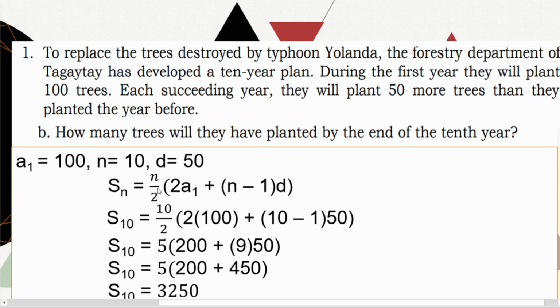So we're going to use the sum of the nth term equals n over 2 times twice the first term plus the number of terms minus 1 times the common difference. So in here we got 3,250.